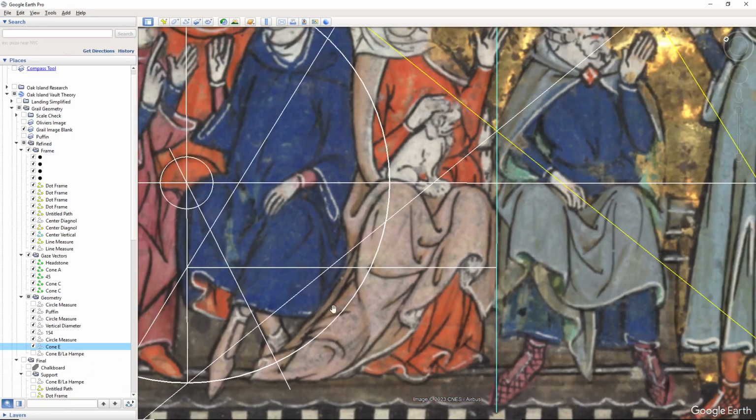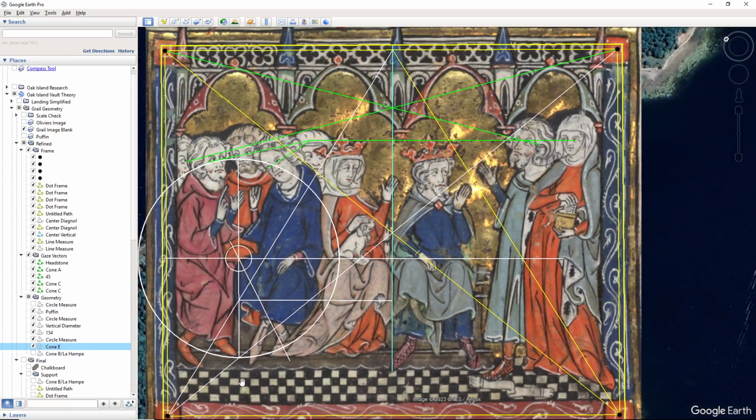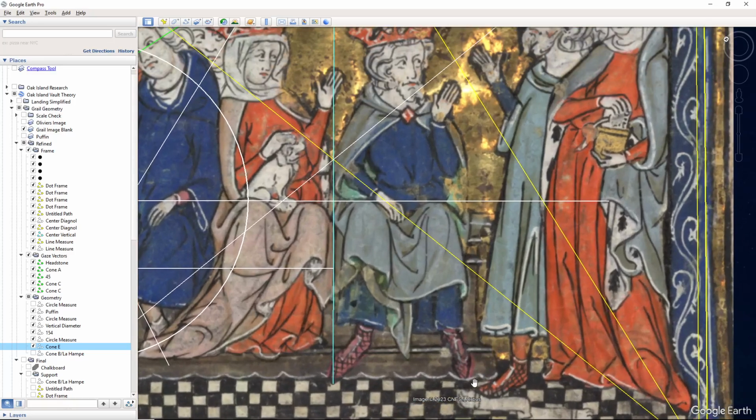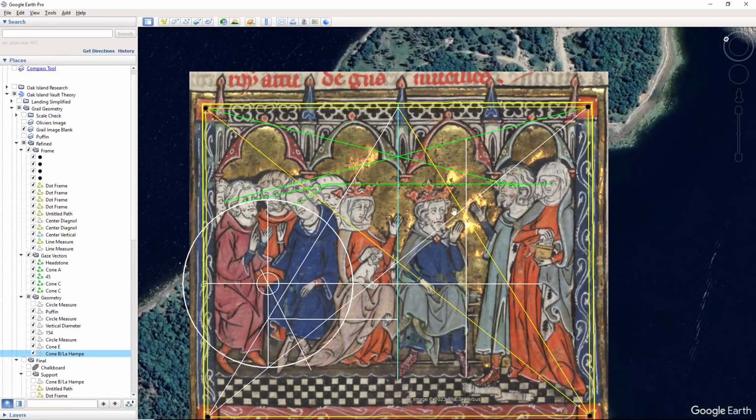So when we look at these shoes here, one of the other things we noticed is that the other king's shoe right here, if we draw a vertical line up from that and we hit the diagonal that comes from this gentleman right here, we'll get another point right here.